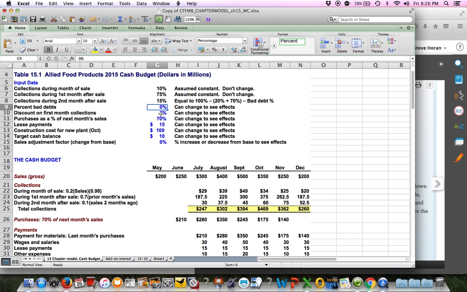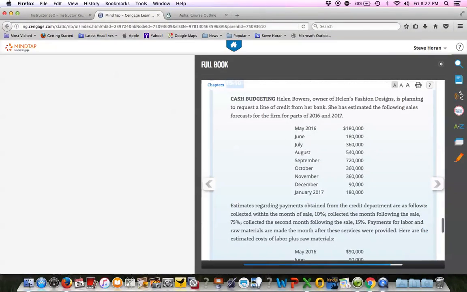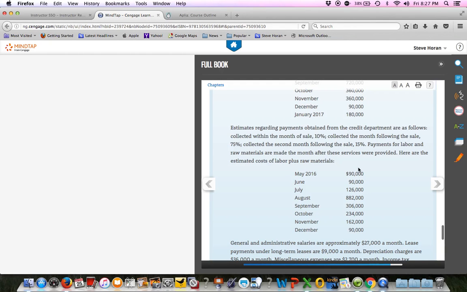There's no discount on the first month of collection, so I can just type in a 0 there. And then purchases over next month of sales was 100%. Basically, I just said the cost of labor or the cost of, let me go back and show you here. Down here, the cost of labor and raw materials were provided the next month.